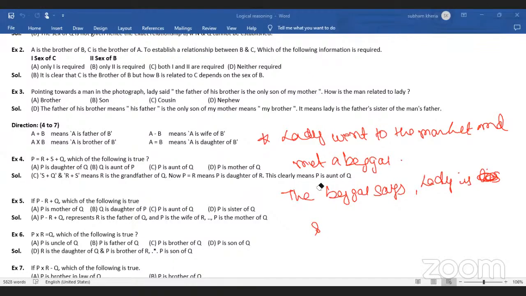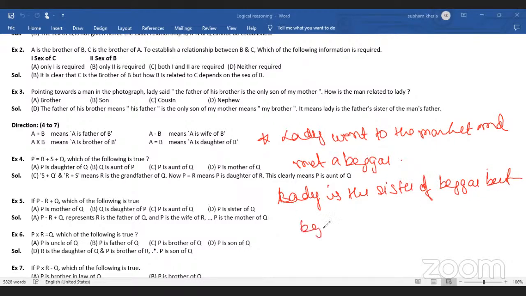Sorry, not like this. Okay, a lady went to the market and met a beggar. Now, the lady is the sister of the beggar, but the beggar is not the brother of the lady. Is this possible?